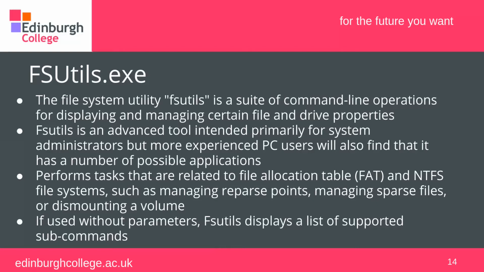So with FSutils, you can create X number of files with X size. Okay, and in the lab, it shows us how to do this. It allows you to perform tasks related to the file systems as well. And if you fire FSutils in without parameters, it will display a list of potential subcommands in classic Windows style.